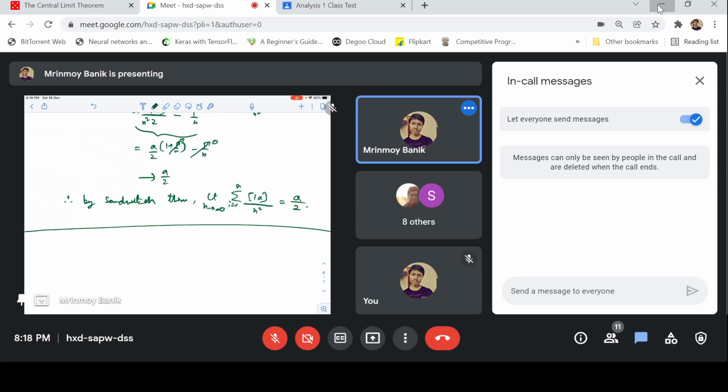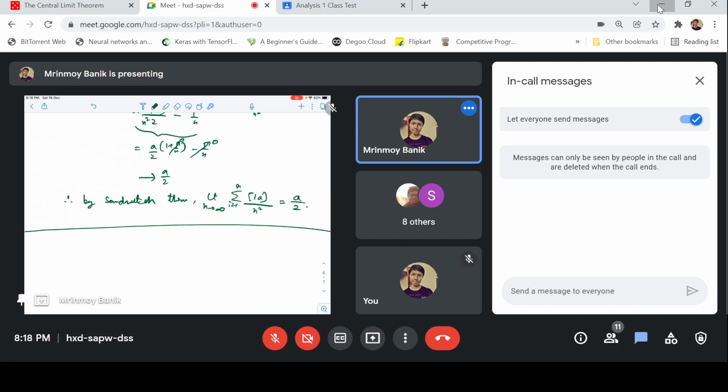Then what can happen? xn converges to a, but f of xn doesn't converge to f of a.